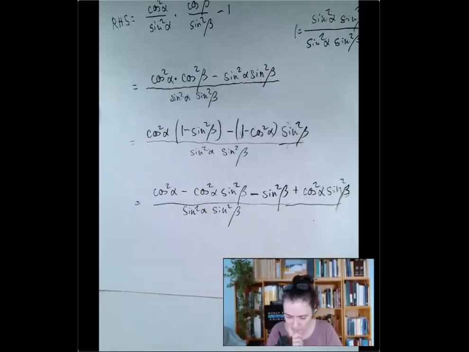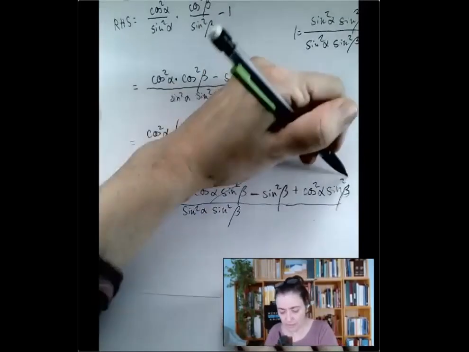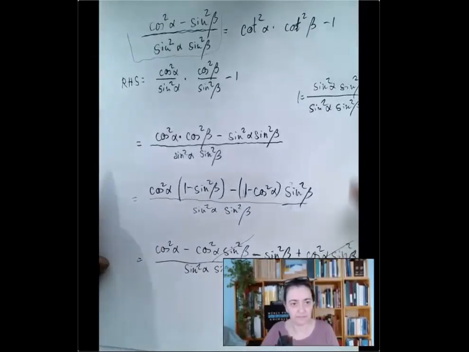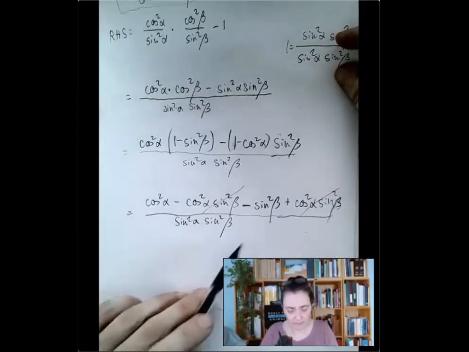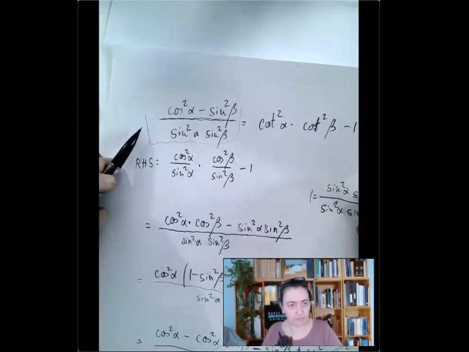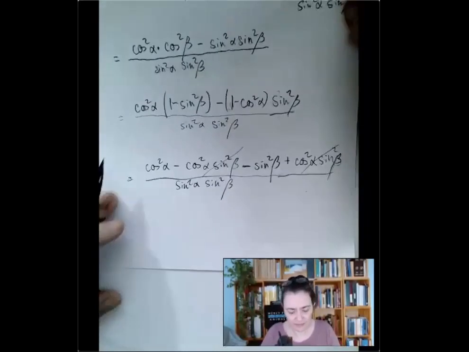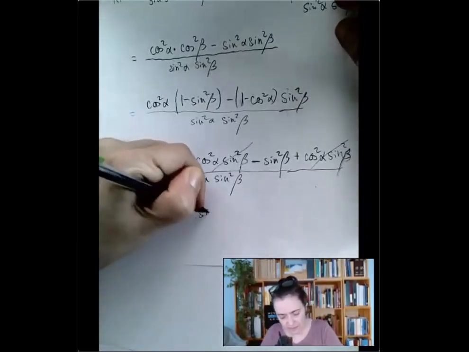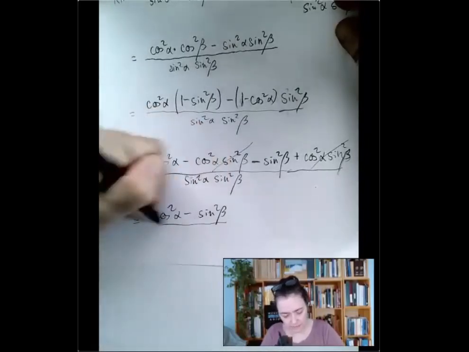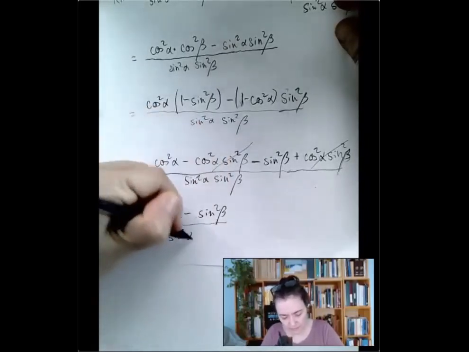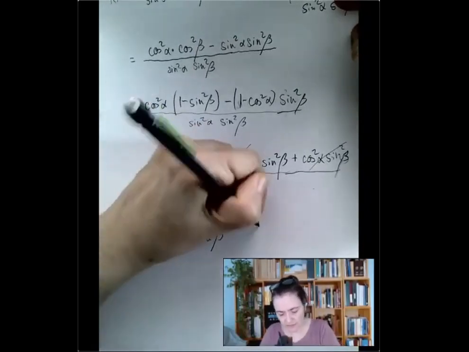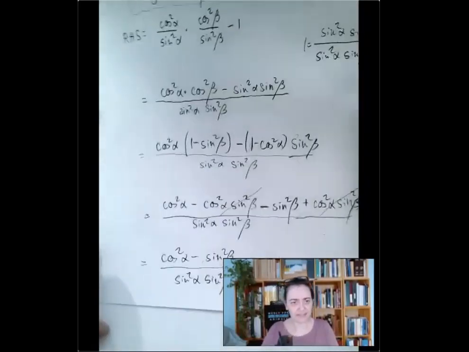Sine squared alpha sine squared beta. And not only that, but what we're left with is exactly, we're there, right? What is left is the other side. So we're done. This is just cosine squared alpha minus sine squared beta divided by sine squared alpha sine squared beta, which is the left-hand side. So it wasn't that bad after all.